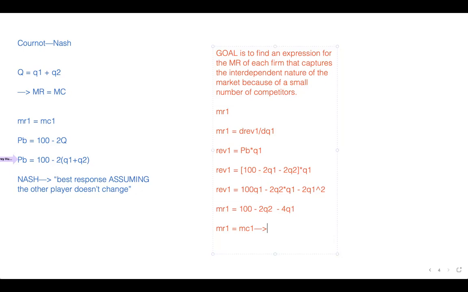So let's just say, to find an expression that maximizes the profit of firm 1, right? But you'll notice we're still going to have a Q2 trapped in there. So I'll go ahead and continue this. I'll move this panel over a little bit.